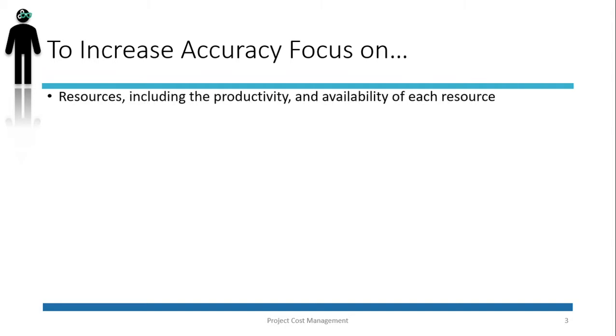To increase accuracy, a PM would want to consider 4 elements. First, the resources, human and non-human, including the productivity and availability of each human resource. Then, timing of cash flows, cash and funds coming in and going out of the project's account.